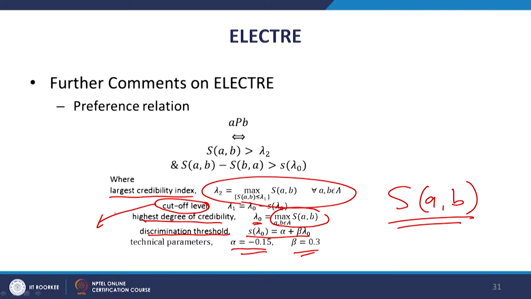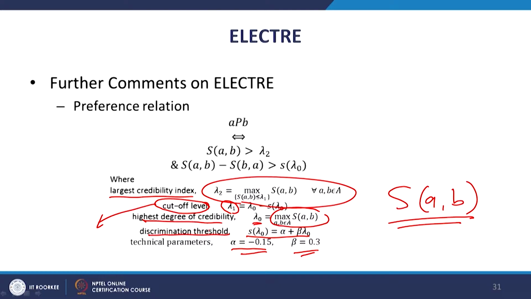So this cutoff level lambda 1 is determined using lambda 0 minus s(lambda 0), as you can see here. All these equations play their part in determining whether a particular alternative A is going to be preferred over alternative B. This particular aspect we had discussed in the previous lecture.